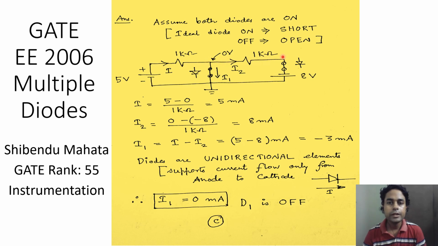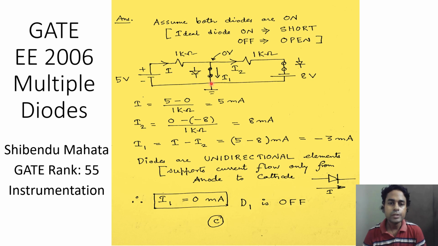Over on this side, we find that here is 0 volt and here is negative 8 volt. So the difference is 8 volts here, and the resistance is 1 kilo ohm. Therefore, the current I2 will be equal to 8 milliampere. So this was a current of 5 milliampere, and the outgoing current is 8 milliampere.